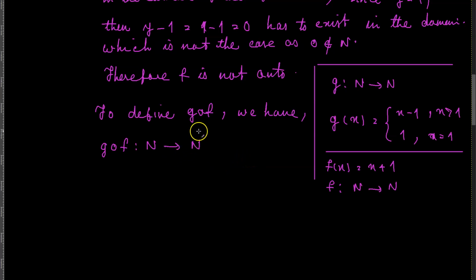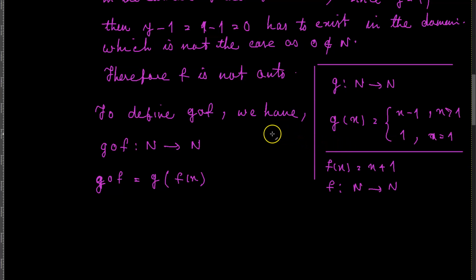So that means that g∘f, you can write it as g of f of x. Now, in this clause of the function, you don't have any variables, right? So that means that g of x is simply equal to 1 when x is equal to 1.